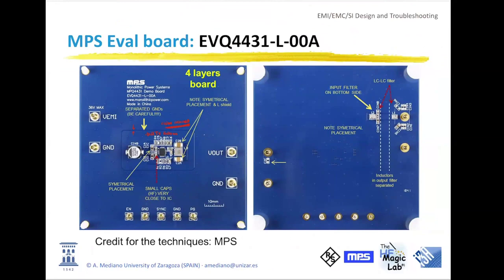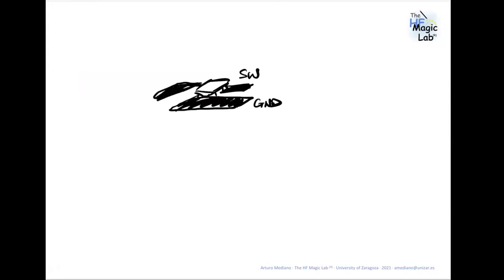Can you briefly explain the difference between the dirty ground and the clean ground, or where to find info about it? Well, this is a topic that we need to talk about for a long time. But basically, consider that this is the IC in the top layer, and you have some trace that is the switching node, and you have some traces for the ground of the power, and you have another trace for the input voltage.